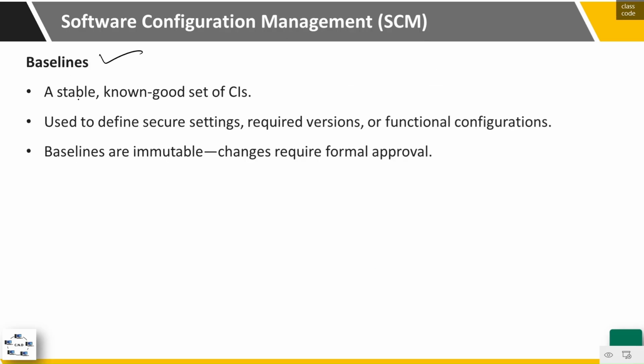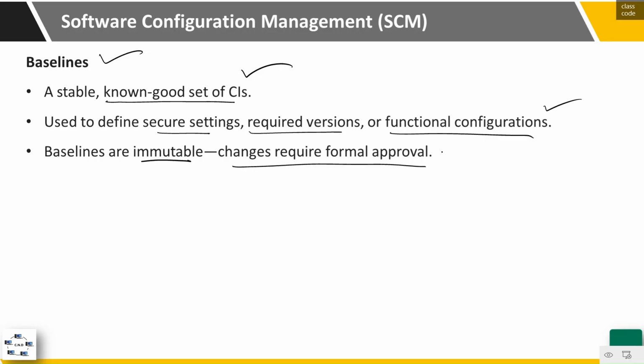Baselines are basically a stable and known good set of configuration items. Baselines are used to define secure settings, required versions, or functional configurations. Baselines are immutable, which means their changes require formal approval.